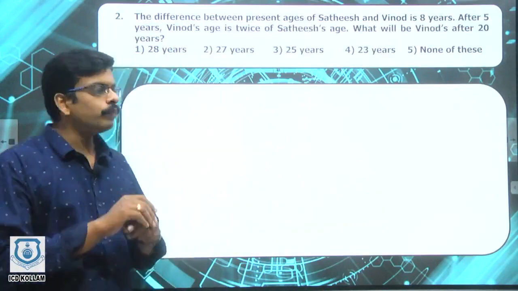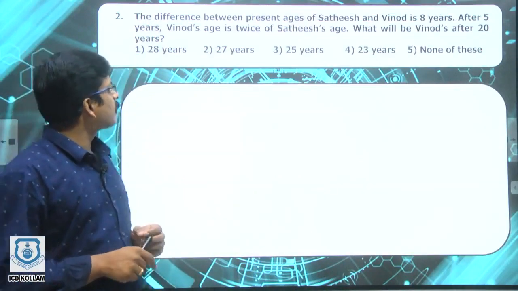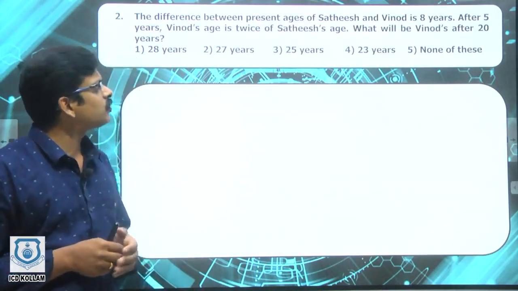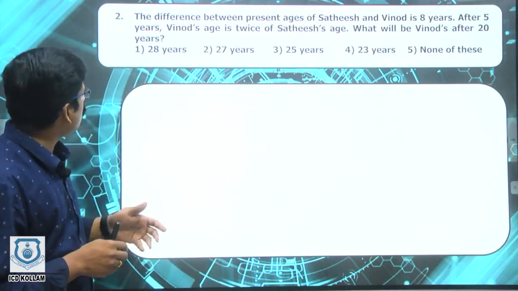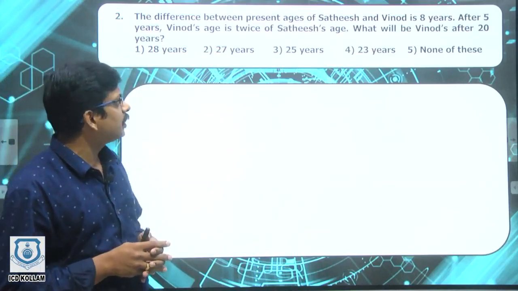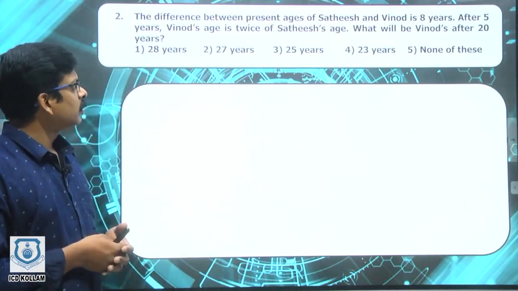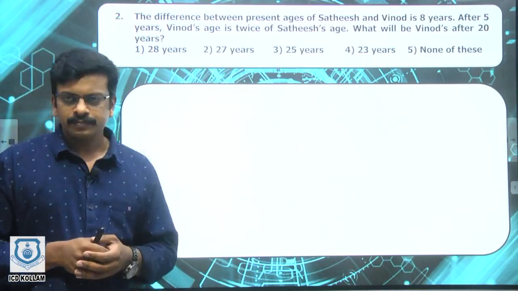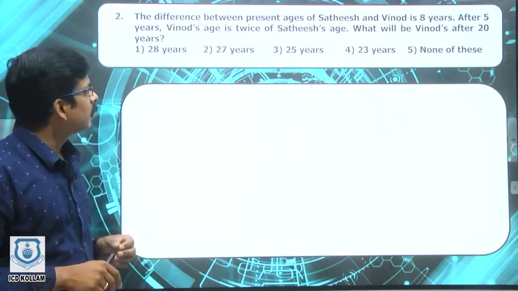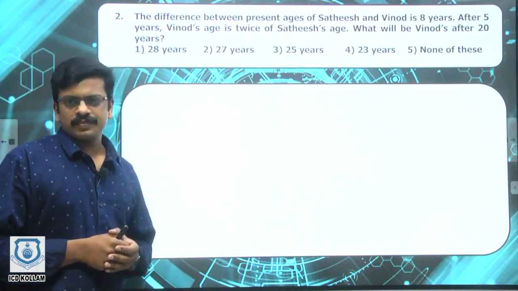Question number 2. The difference between the present ages of Sadish and Vinod is 8 years. After 5 years, Vinod's age is twice Sadish's age. What will be Vinod's age after 20 years? So here the topic is ages.